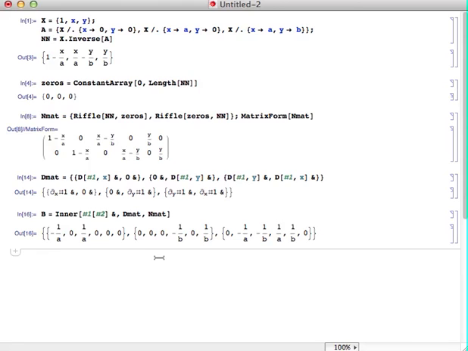Okay, so now we have B. We're going to go to our C matrix, okay? Before we just had C11, C12, and so on, right? And then depending on if we were in plane stress or plane strain, that determined what those values took on, right? So we're going to assume this is plane stress.